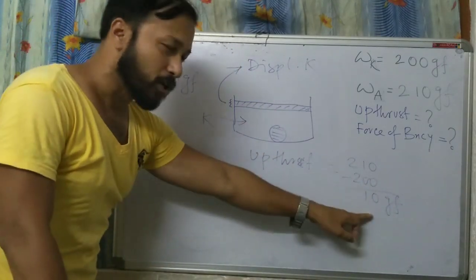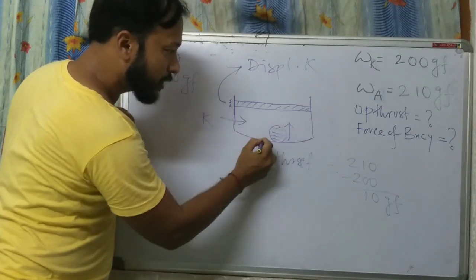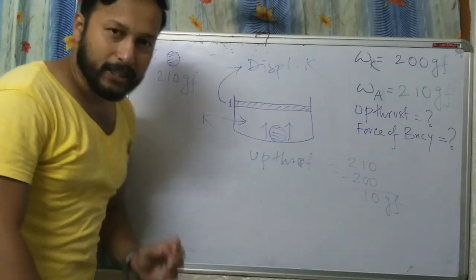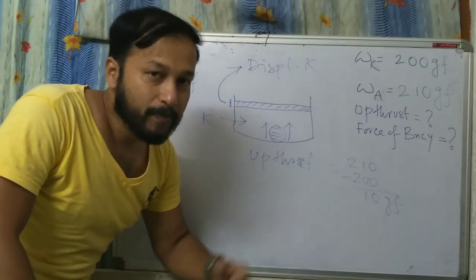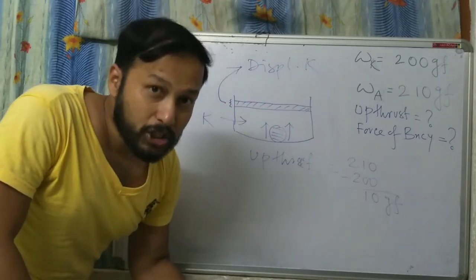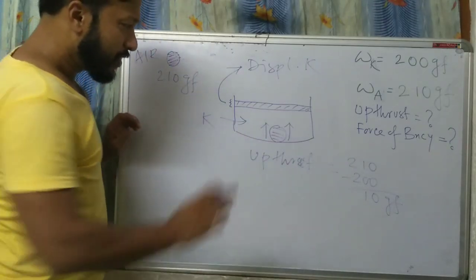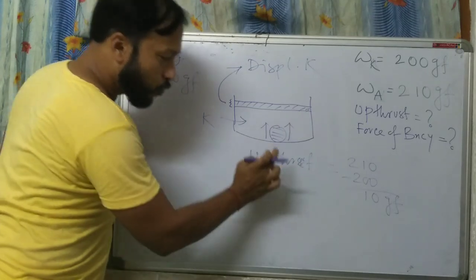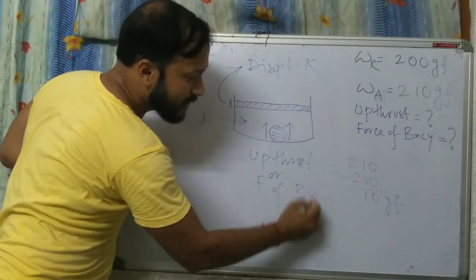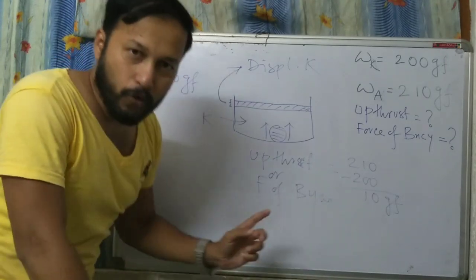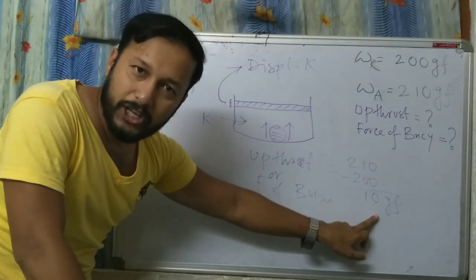This is upthrust, meaning the object is getting a force upward by kerosene. How much? 10 GF. Now what is force of buoyancy? This is only the force of buoyancy. Force of buoyancy and upthrust are the same, that is 10 GF.